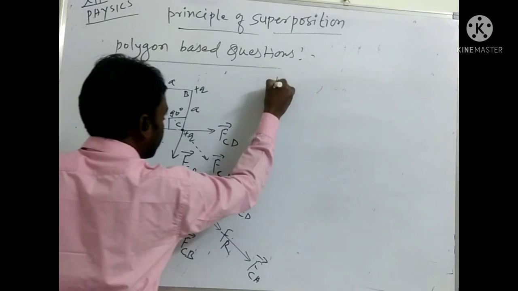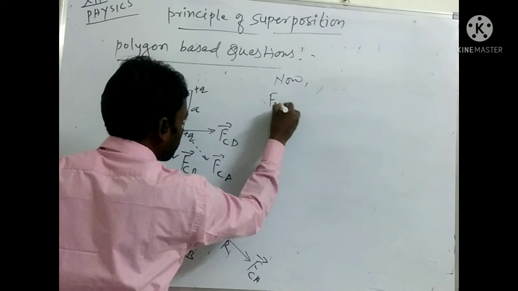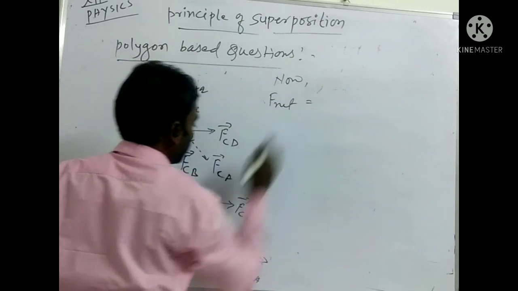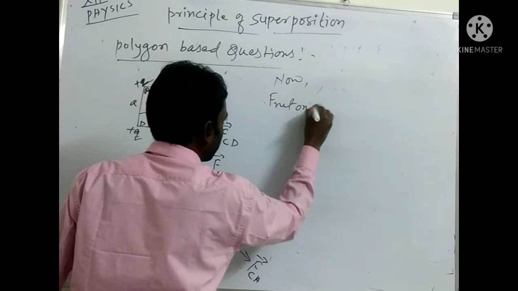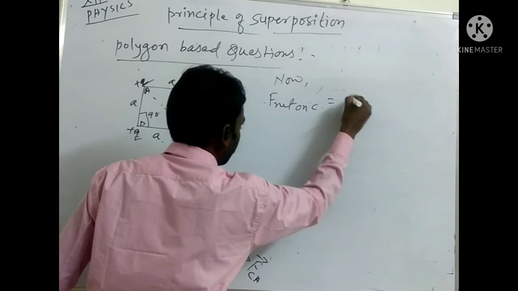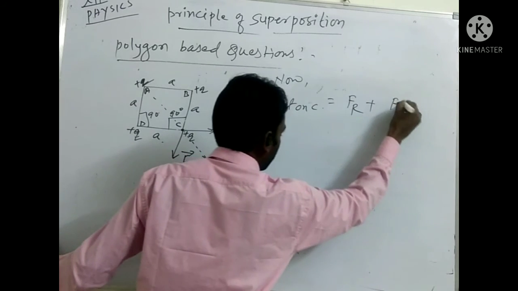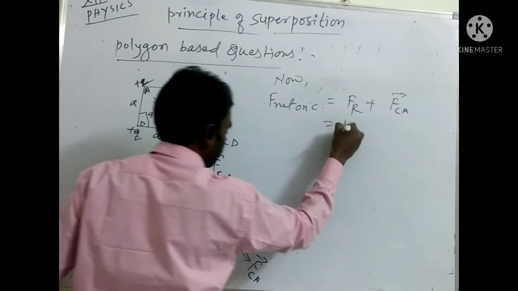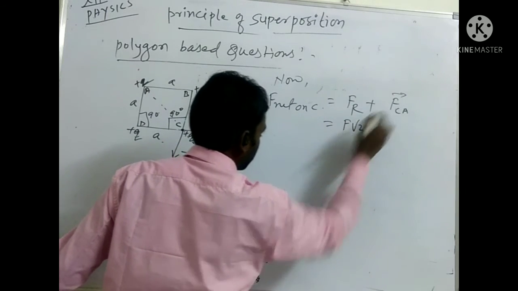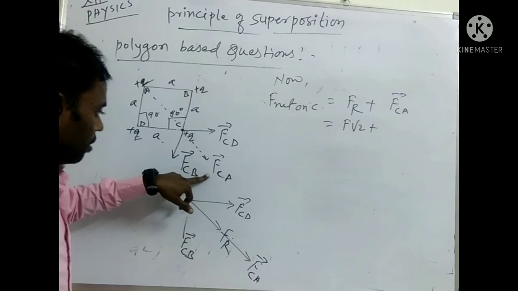Now net force on C equals the resultant force FR plus the force FCA, that is F root 2 plus the force on C due to this one.